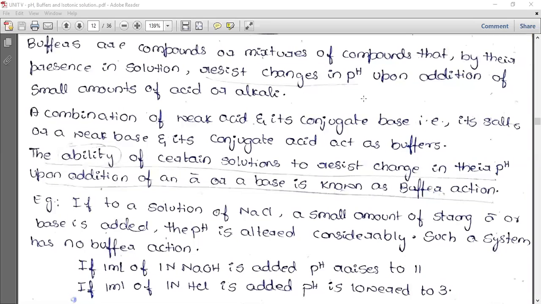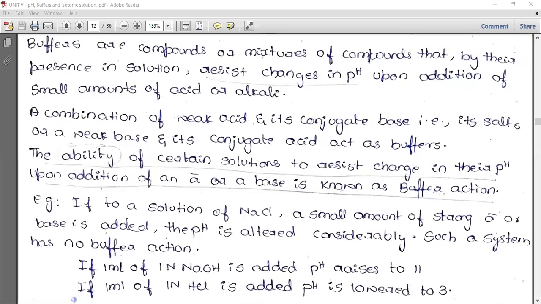If this should not happen, I should add a substance known as a buffer. Buffers resist the change in pH that would happen if I add some acid or base to any solution. Is it clear? Does anybody have any doubt? Buffers are the substances which prevent the change in pH.